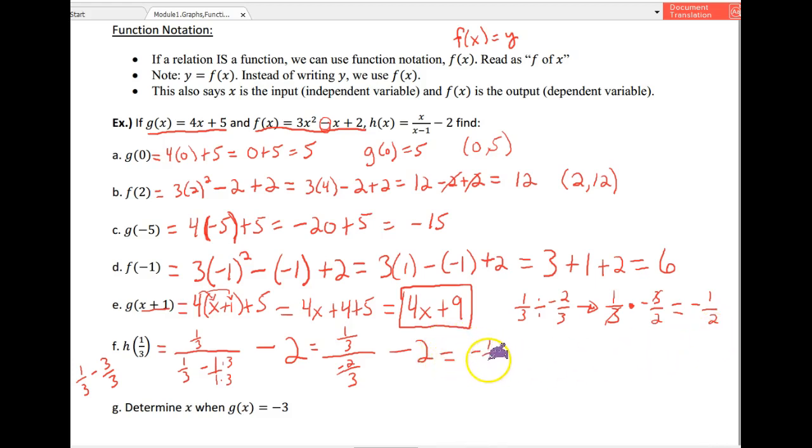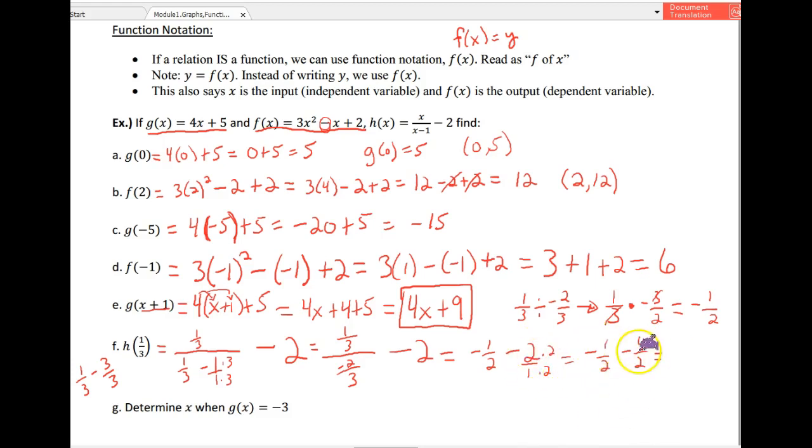So negative 1/2 minus 2. Same thing, I'm going to put this over 1, get a common denominator. So between 2 and 1 it's 2. And multiply by 2, numerator, denominator. So negative 1/2 minus 4/2. Again, that makes sense. 4 divided by 2 is 2, which is what we started with.